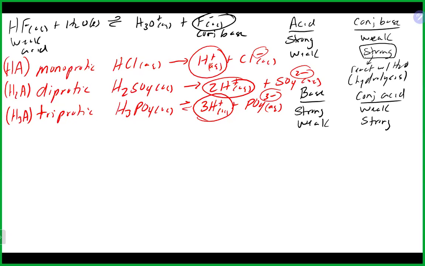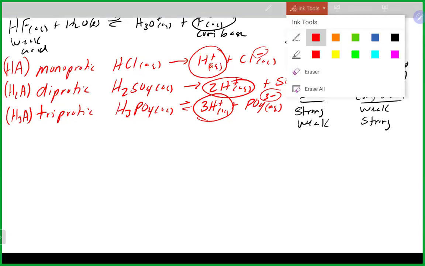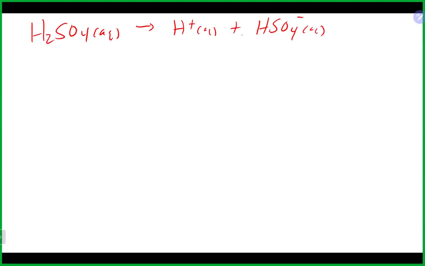So if we look a little closer at sulfuric acid, H2SO4, what will happen is it will lose 1 hydrogen and make HSO4 minus. And then that HSO4 minus will lose a 2nd hydrogen and make sulfate.